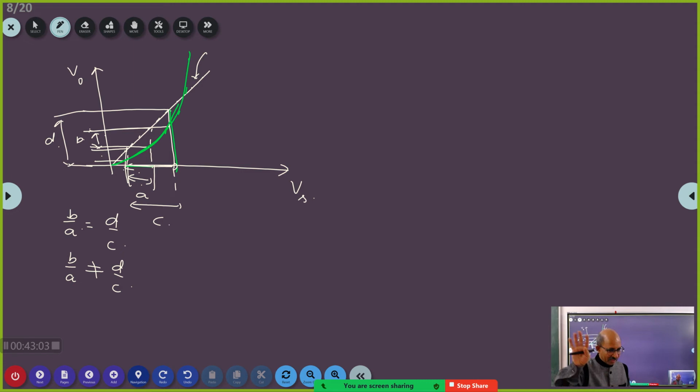Distortion. If the shape of the output is not the same as the shape of the input, then there is distortion. If this is the input signal, right? Now the output signal can be amplified.